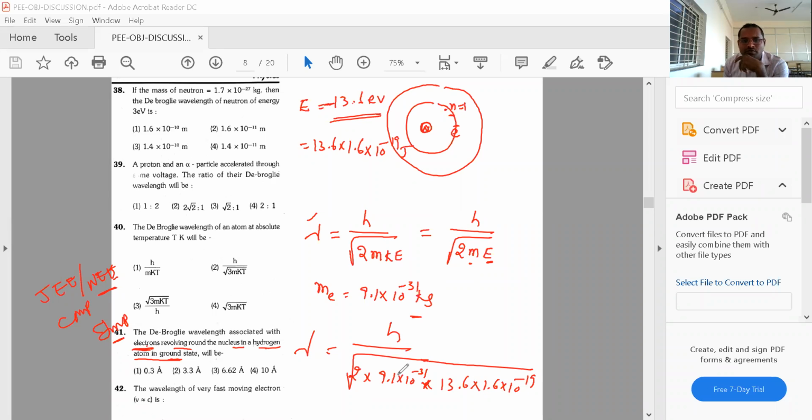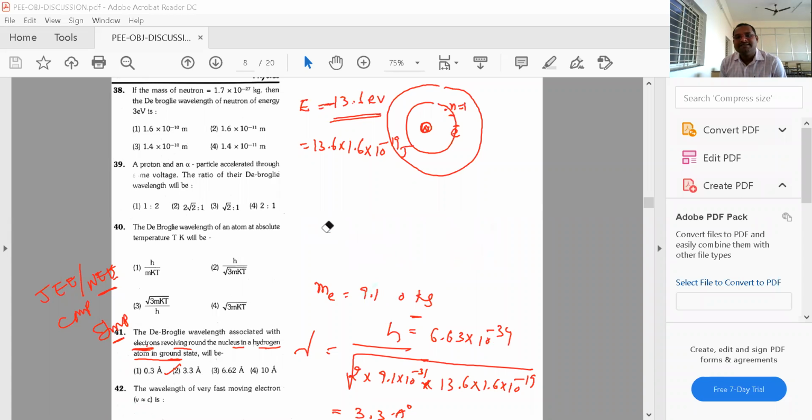You do the calculation, you will get the lambda value, which comes to be 3.3 angstrom. Here the h value also you need to remember, 6.63 into 10 to the power of minus 34. This many calculations you should do. Otherwise, another method also is there. Let us see that method also.